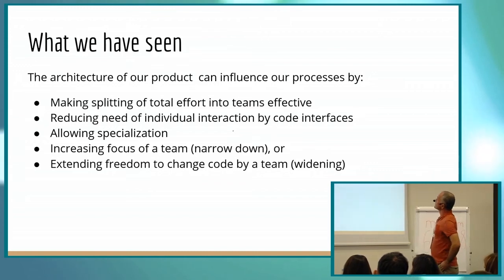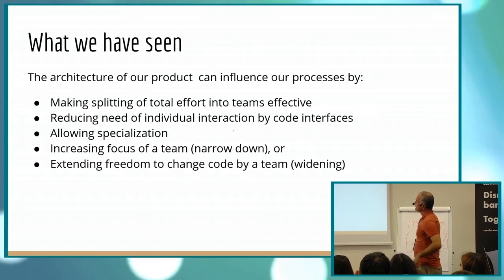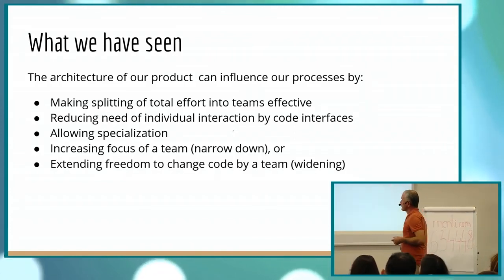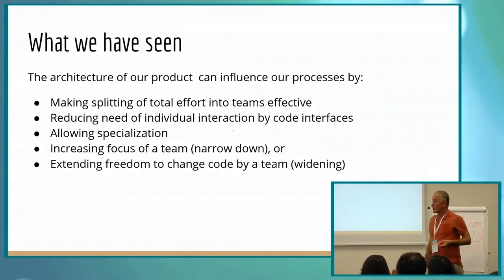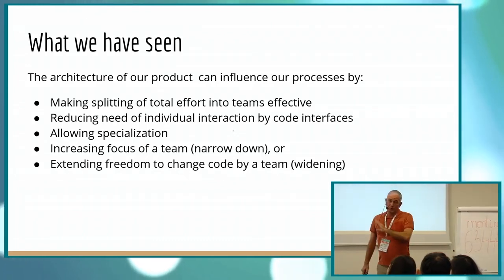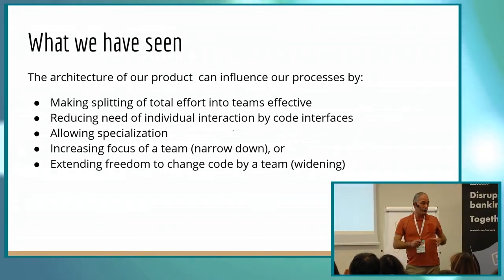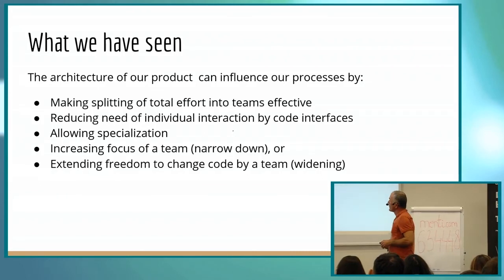Now, this is my conclusion. So what have we seen? Well, the architecture of our product can influence our processes. Teams can become more effective by having, let's say, their own realm, their own domain.